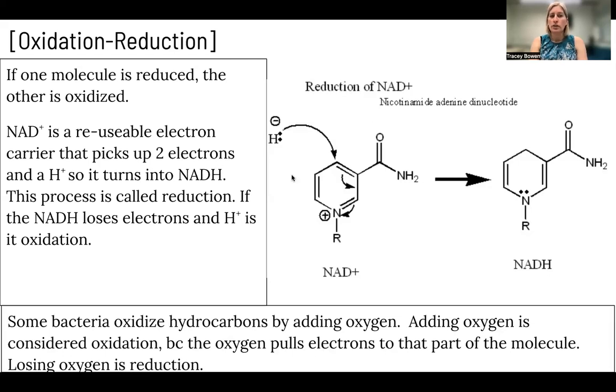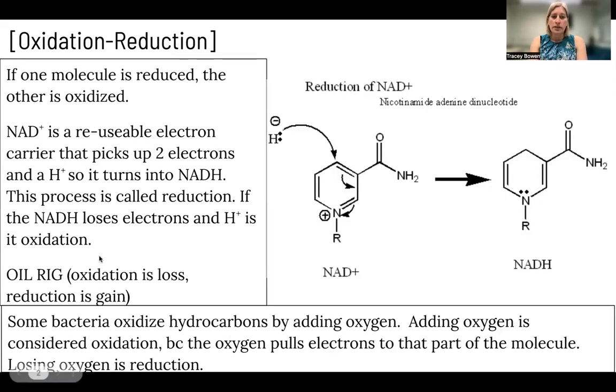And if it were to lose hydrogen ions or lose electrons, then it would be oxidation, so the other direction. You can remember this from the acronym OIL RIG: oxidation is loss and reduction is gain. Some bacteria oxidize hydrocarbons by adding oxygen, and that would also be an oxidation reaction.